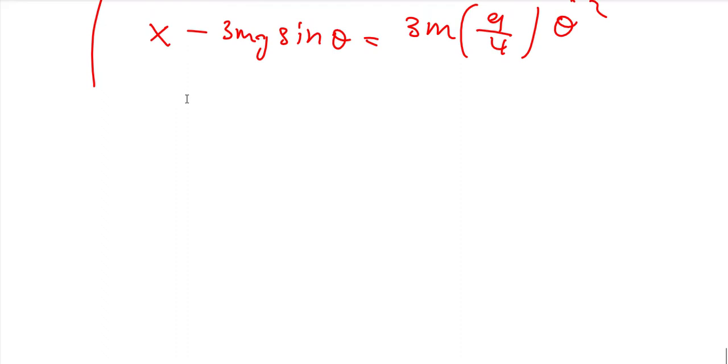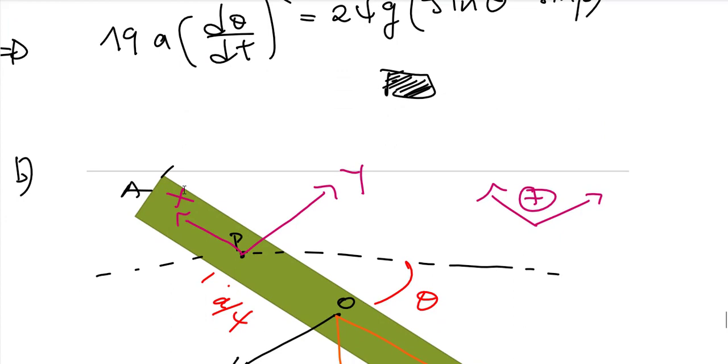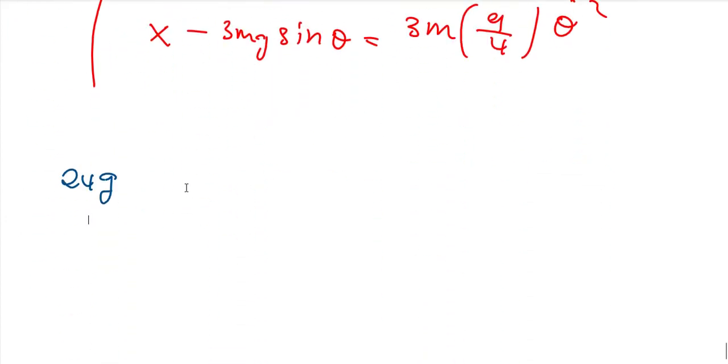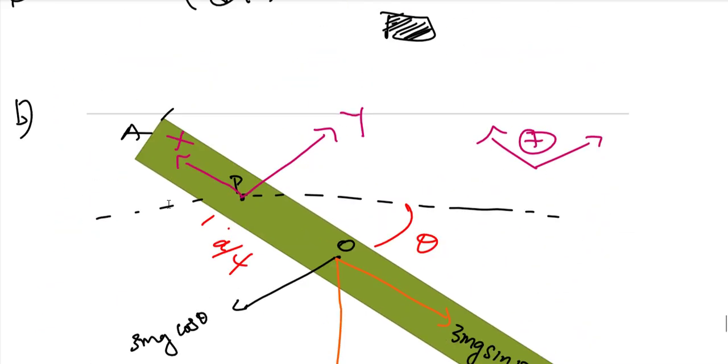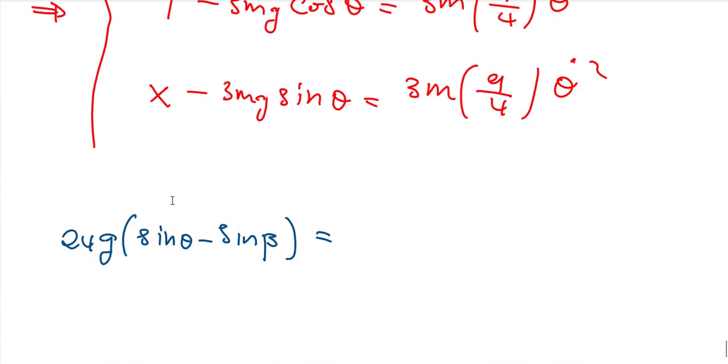We had 24g times sine theta minus sine beta was equal to 19a theta dot squared.